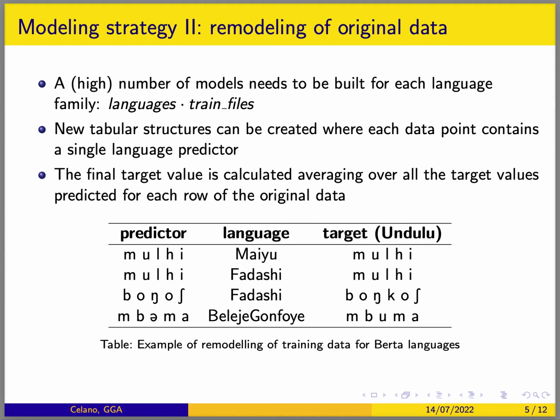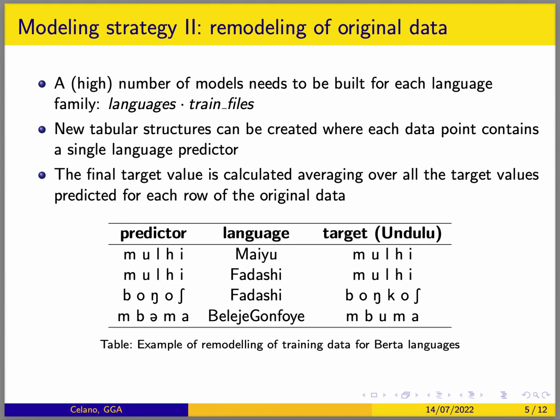This means that one single row in the original data is fragmented into more rows depending on the number of predictor languages for a specific target language. The table shown is an example of a new table where the original data rows are rearranged so as to get one single predictor language and one single target language per row.